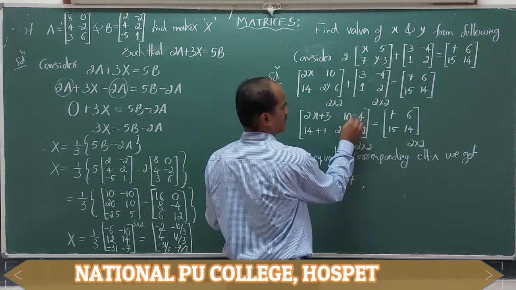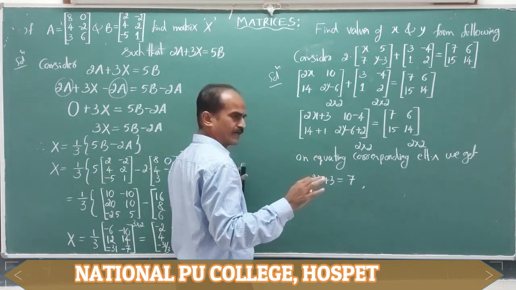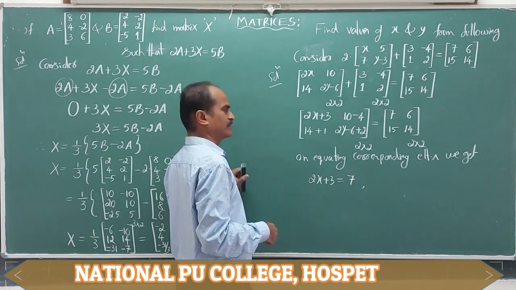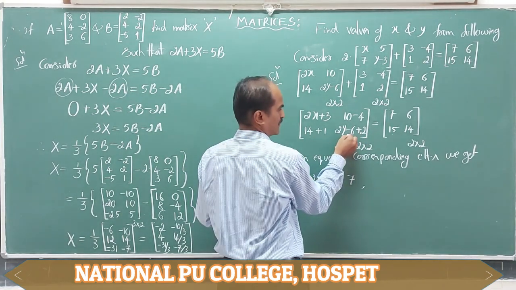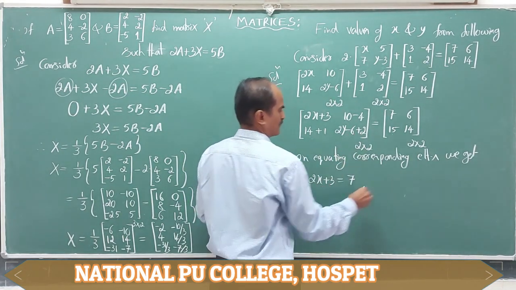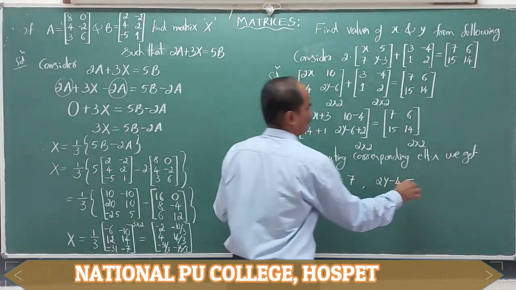This is 10 minus 4, 6 is the same as 6. No need to write. Wherever unknown is there, you try to equate those. This is 15, 15. Of course, they are equal. Now write this. 2y minus 6 plus 2 is 2y minus 4, equal to 14.